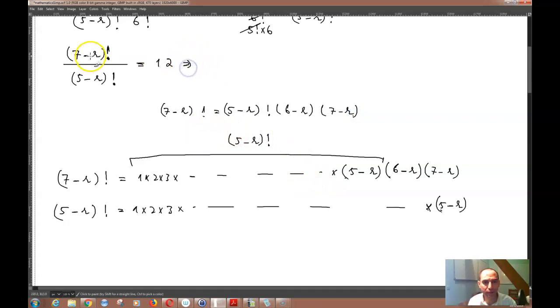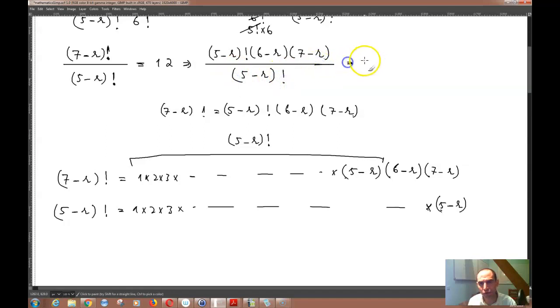So that means that 7 minus r factorial, I will write as 5 minus r factorial times 6 minus r times 7 minus r over 5 minus r factorial, and that is equal to 12, right?